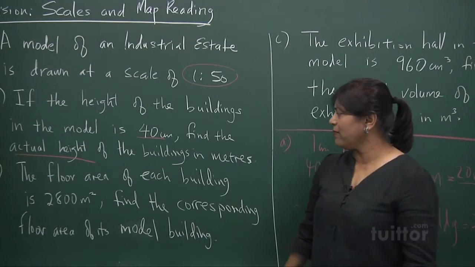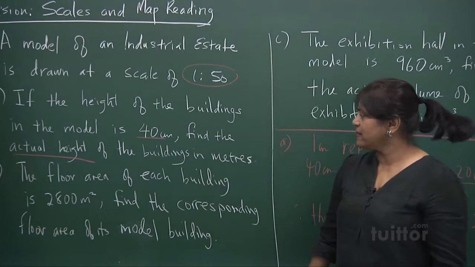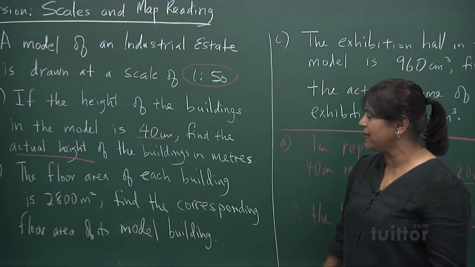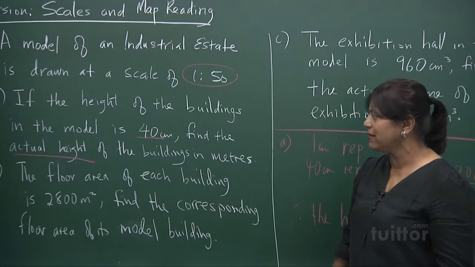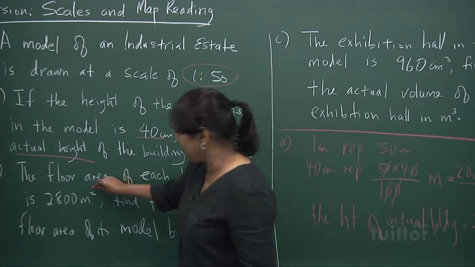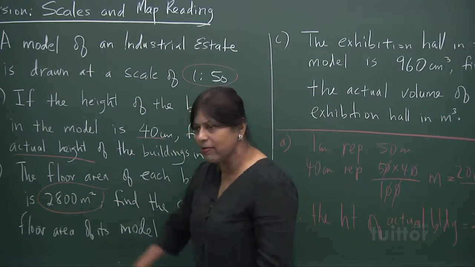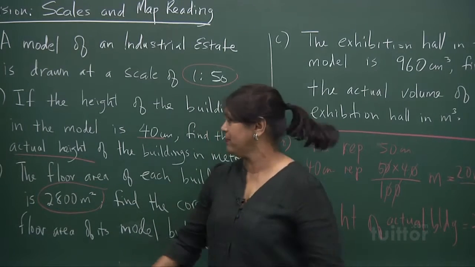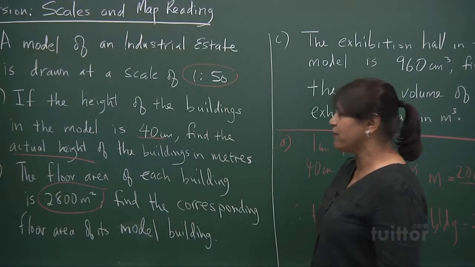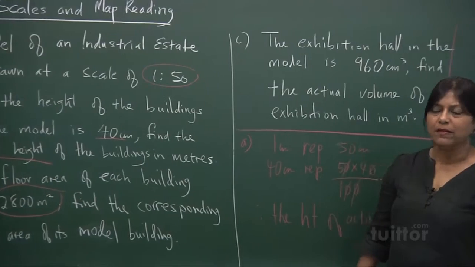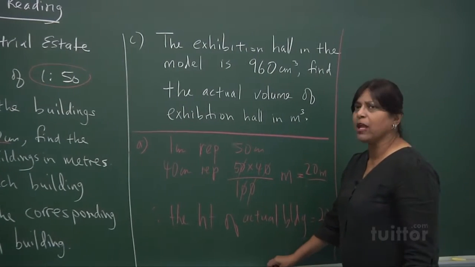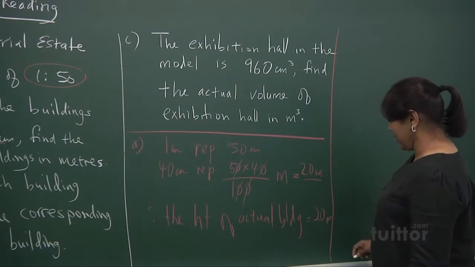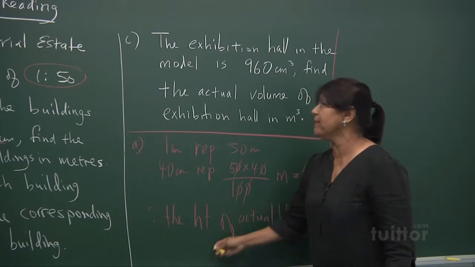Now the floor area of each building is 2,800 meters squared. Floor area is the space. Now what is the corresponding floor area of the model? So the scale. Now talking about area.